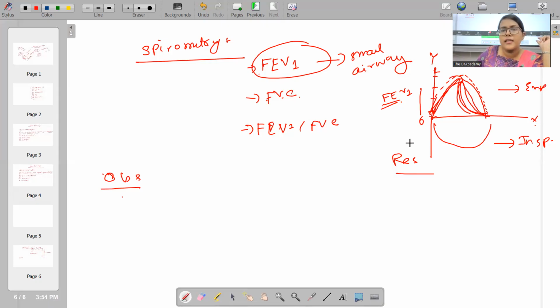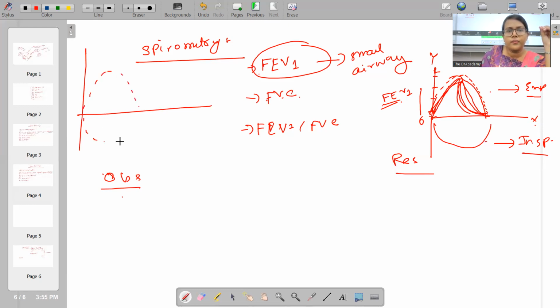In case of a restrictive lung disease, both the expiratory loop and the inspiratory loop will be smaller. The shape will be like a normal flow volume loop, however the size will be smaller. So both the expiratory and the inspiratory loop will be smaller. For example, if this is a normal loop, this will be the general impression.